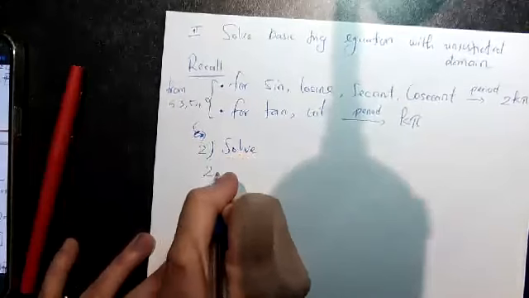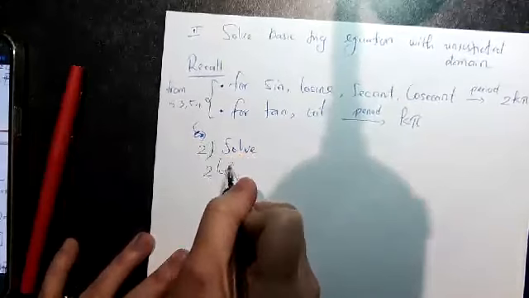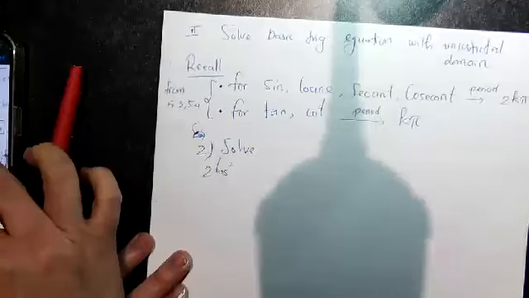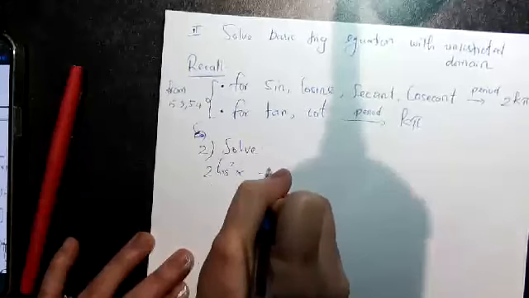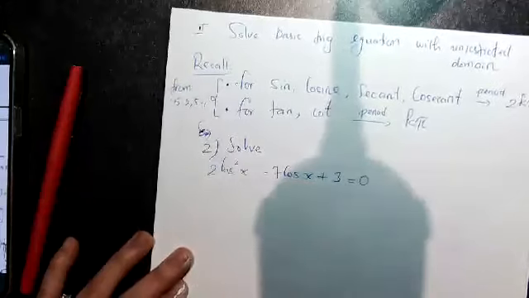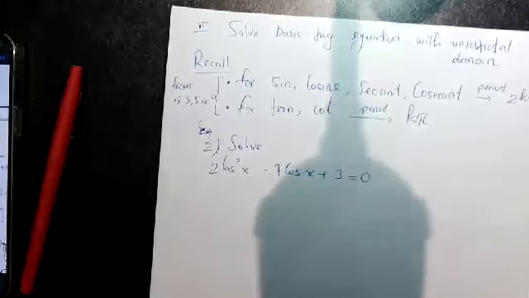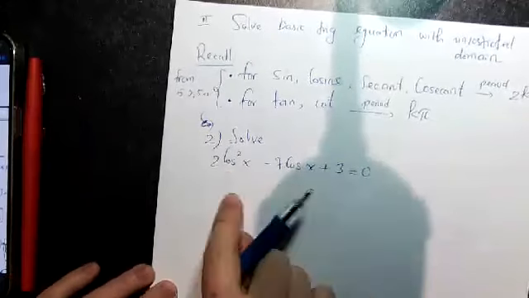So let us take a look at this one. 2 cosine square x minus 7 cosine x plus 3 equals 0. Does it look like a quadratic to you?